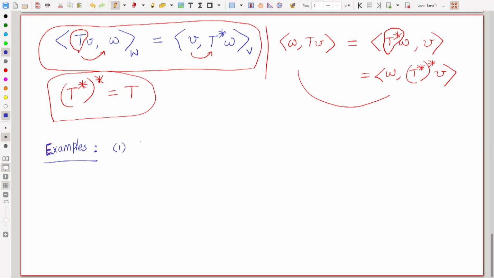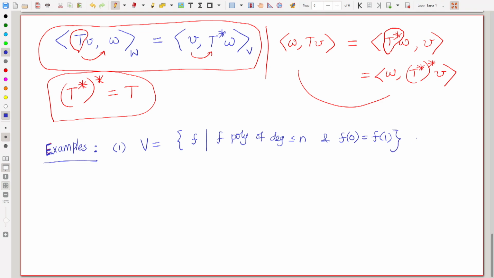I am going to take my vector space, my inner product space, to be the space of polynomials. So here's my definition: f is a polynomial of degree less than or equal to n, and the additional condition is that f of 0 equals f of 1.